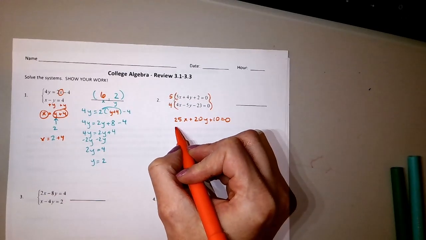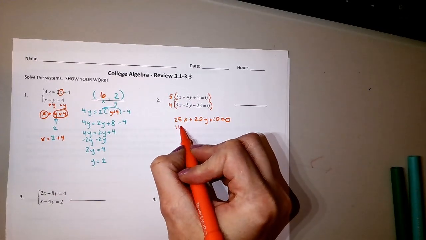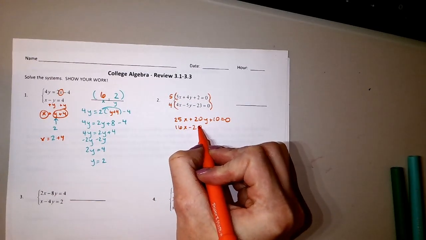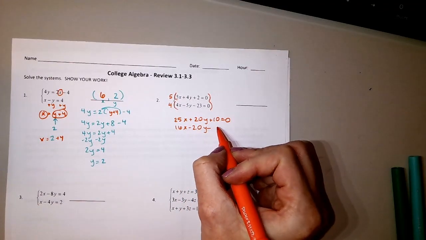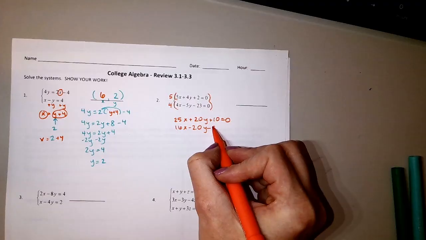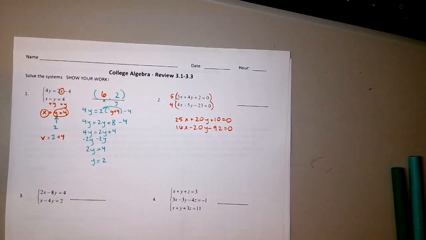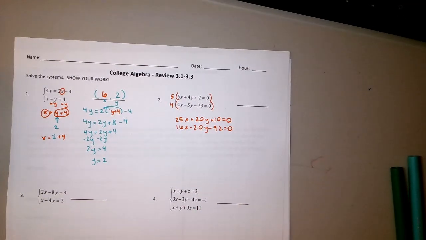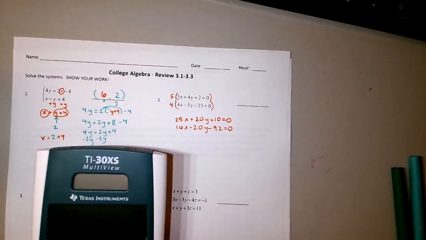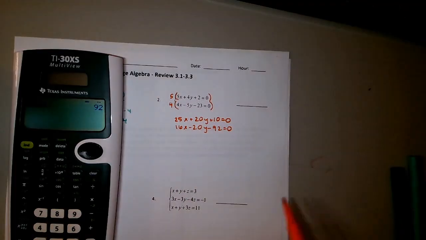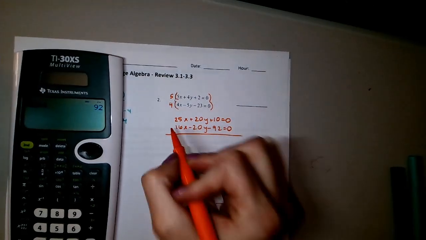Then my next equation would be 16x minus 20y minus 92 equals 0. I can check in a calculator. Yep, I got 92. And then we're going to try to combine these.